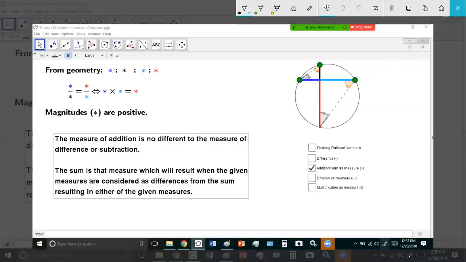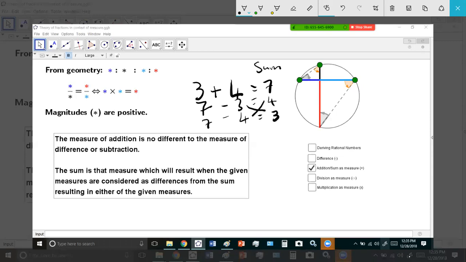Now, if you have 3 units added to 4 units, you'll get 7, which is the sum, right? Okay. Now, what this says is that 7 minus 3 will be 4, right? And 7 minus 4 will be 3. Okay, so in other words, the difference will always result in one of the two sizes originally used. That's all that is addition.